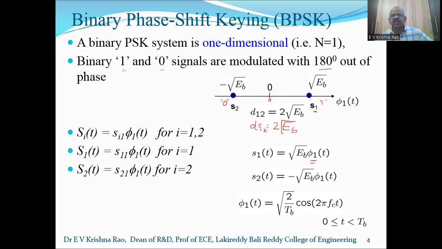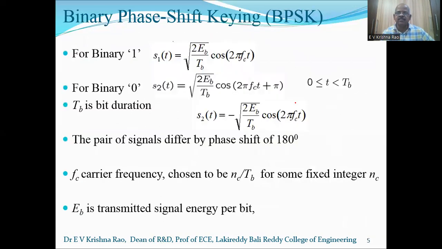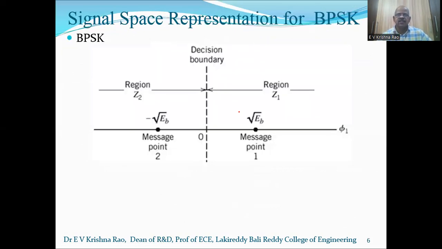The signals were already modulated, with binary 1 at 0 phase and binary 0 at pi phase, taken as the negative of this. And this is what the space diagram represents. d12 is 2 root EB between region 1 and region 2.